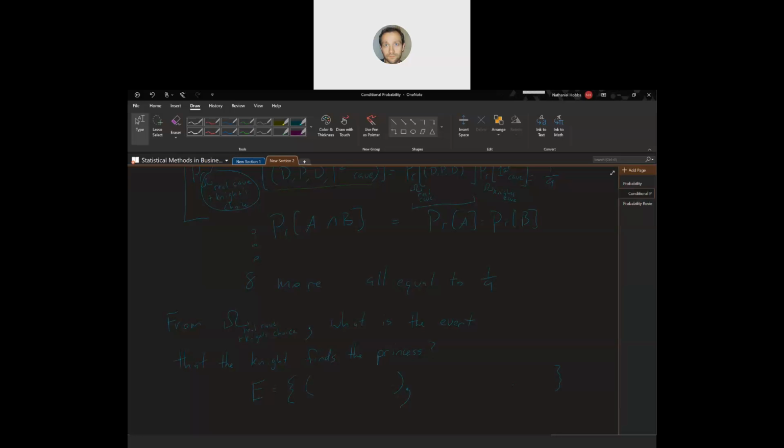Okay, so P first cave, that means that the princess is actually in the first cave?